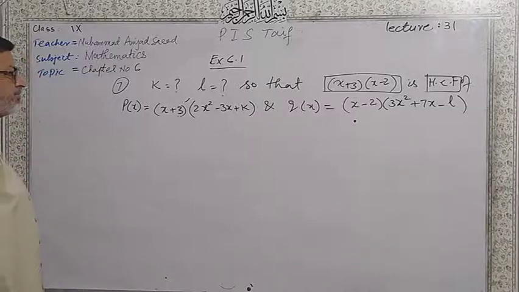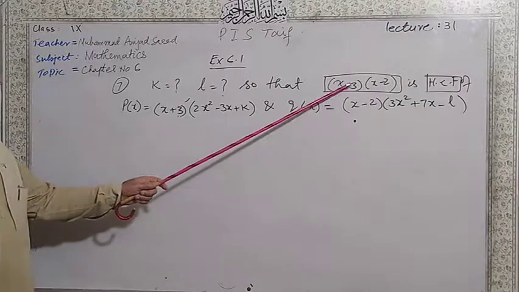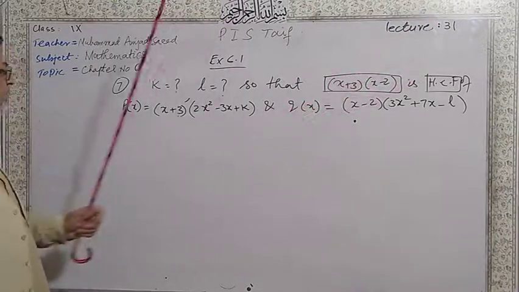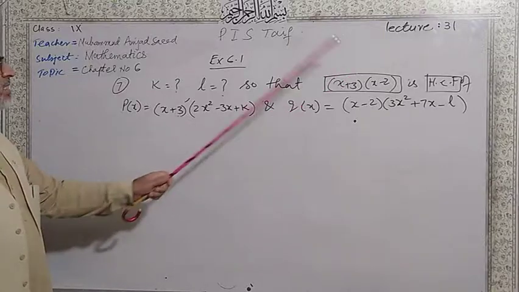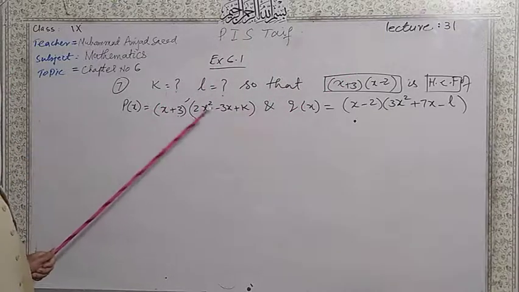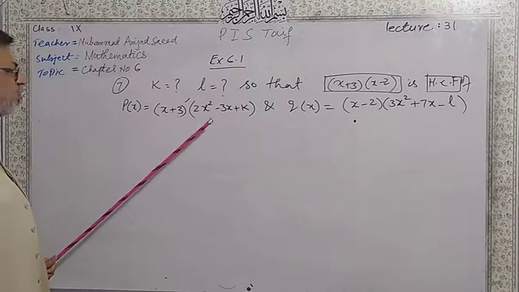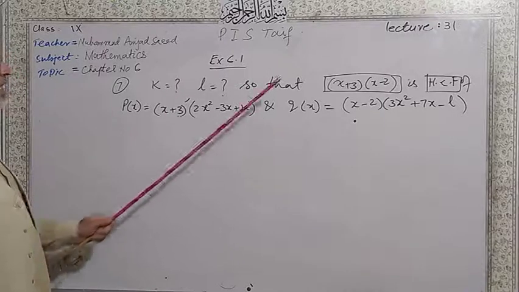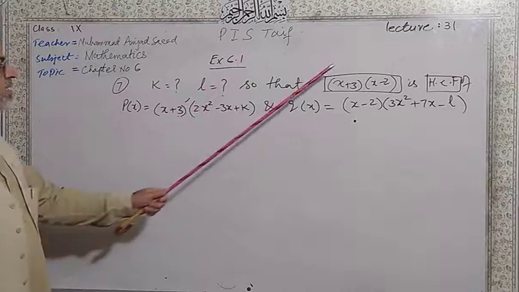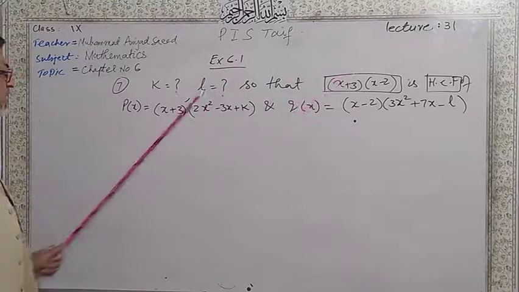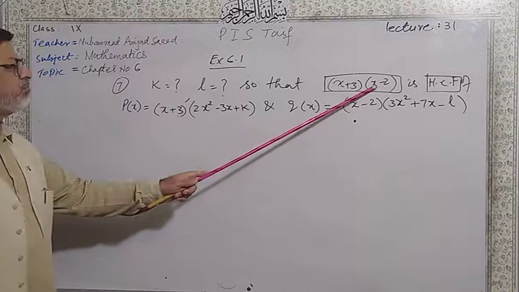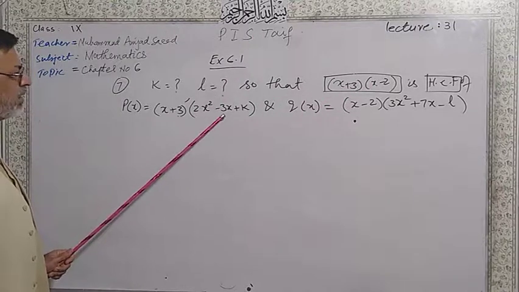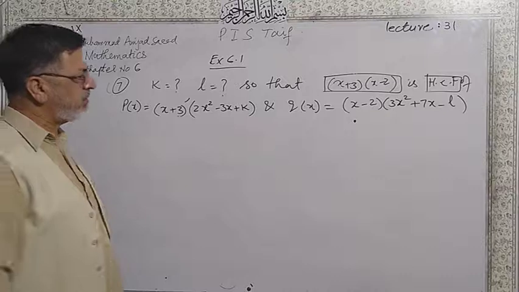So here, if I say that x plus 3 and x minus 2 is HCF of P of x, then it must divide P of x exactly and the remainder is 0. So we will divide by this, and x plus 3 and x plus 3 cancel out. So definitely x minus 2 must divide this one, otherwise it will not be HCF.